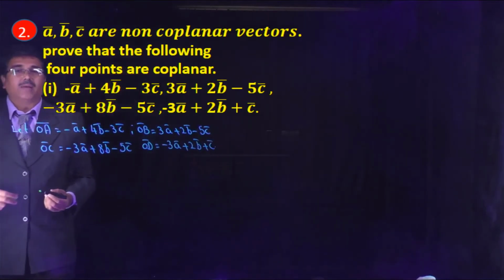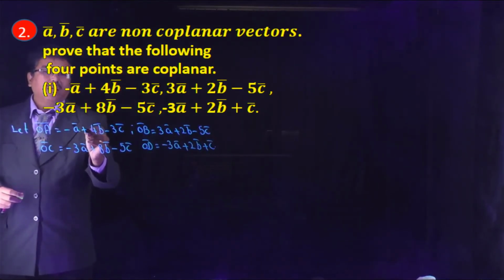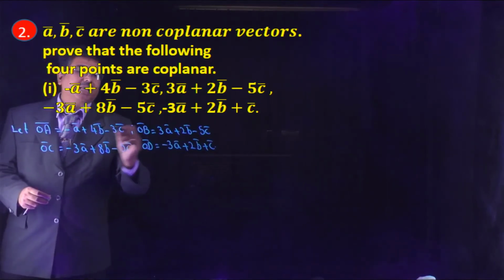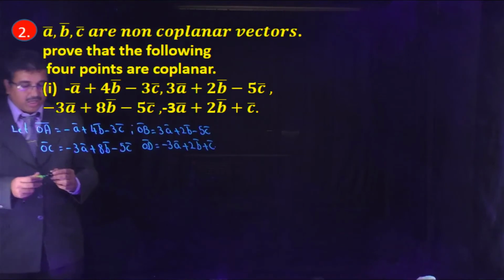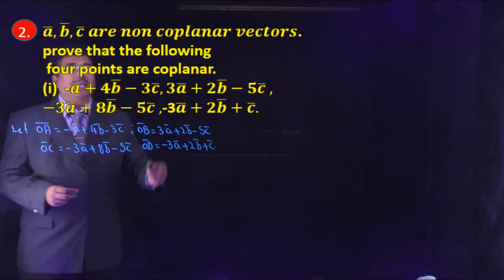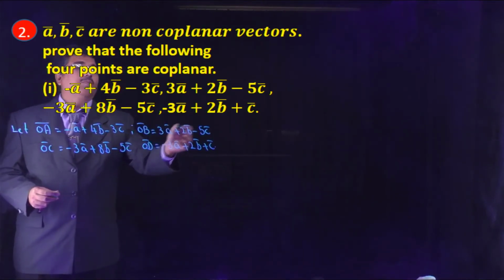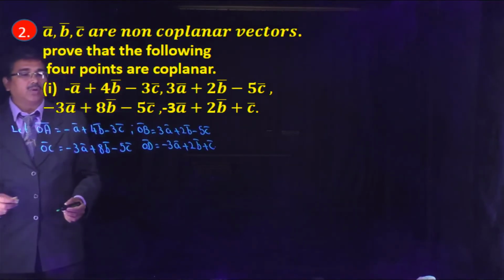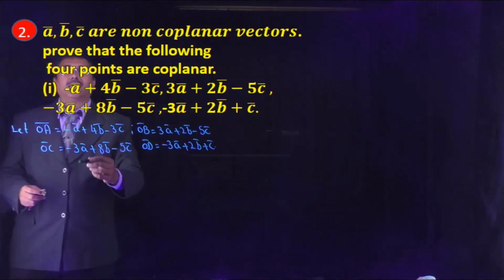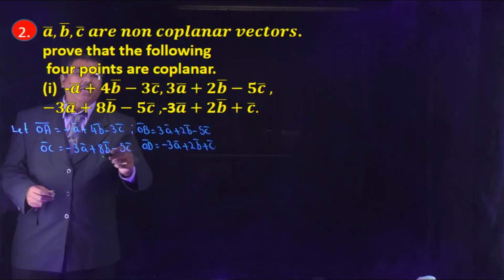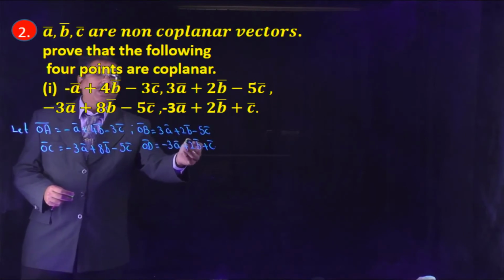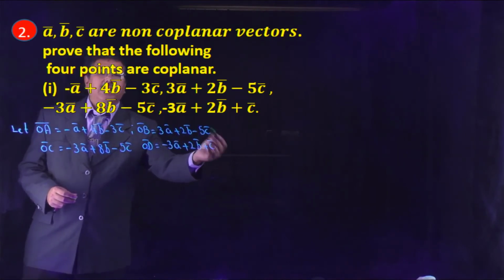OA bar is equal to minus a bar plus 4b bar minus 3c bar. OB bar is equal to 3a bar plus 2b bar minus 5c bar. OC bar is equal to minus 3a bar plus 8b bar minus 5c bar, and OD bar is equal to minus 3a bar plus 2b bar plus c bar.